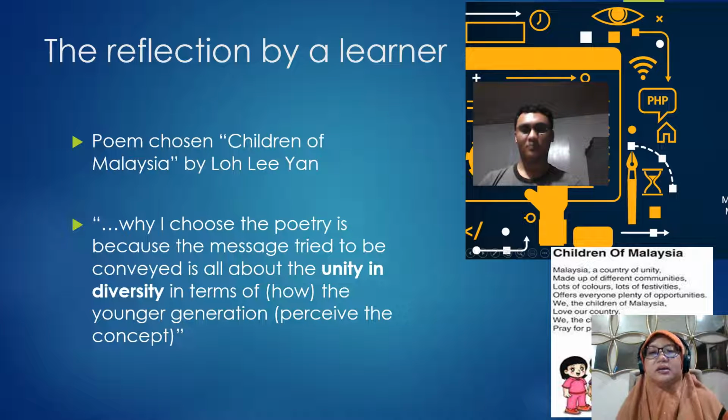This is actually the choice made by him among so many multimodal texts that they have everywhere, and the choice indicates meaning, because all choices carry meaning; it comes from his belief and his ideas on how he perceives concepts such as unity in diversity.